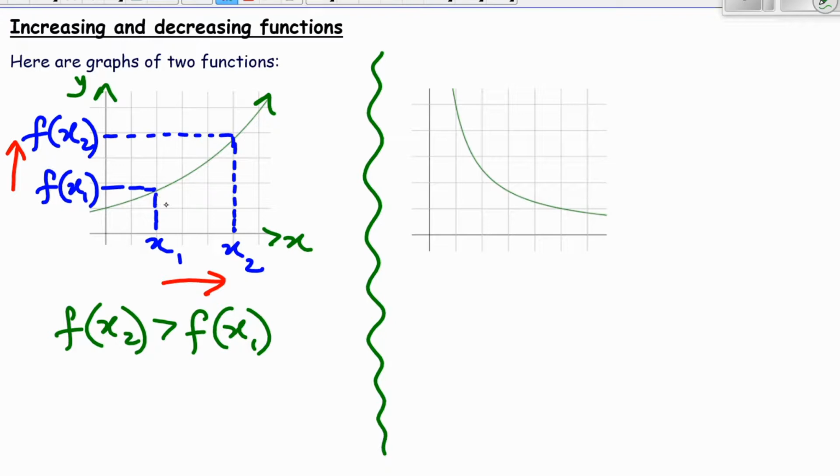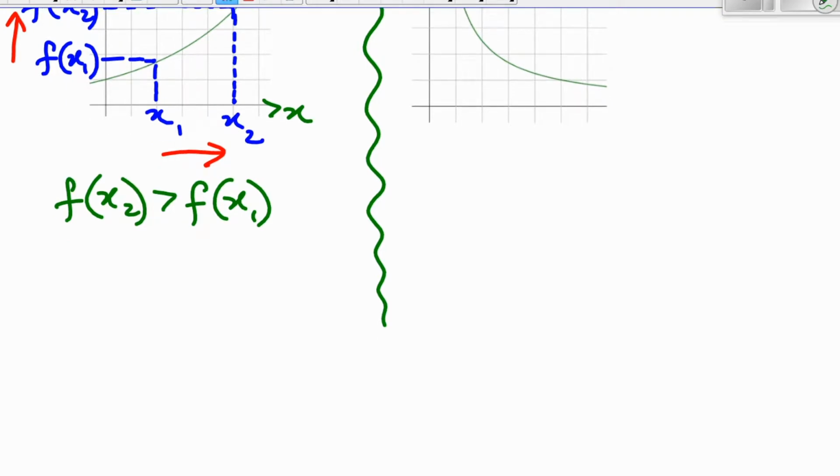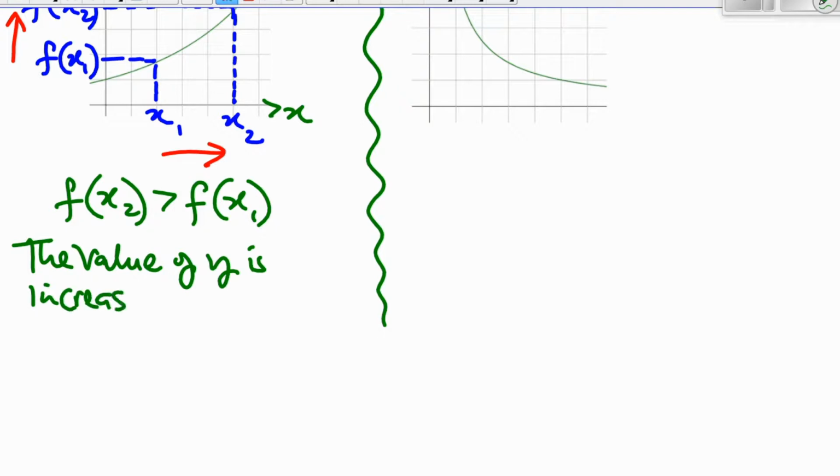So we can write that statement below: the value of y is increasing as x is increasing. So that's one of the observations.